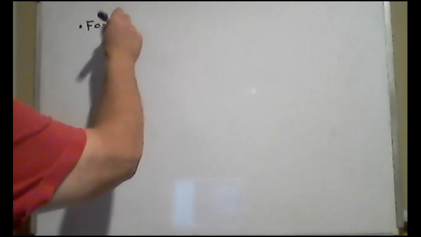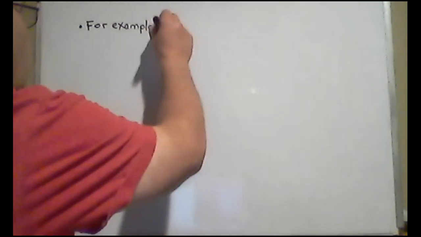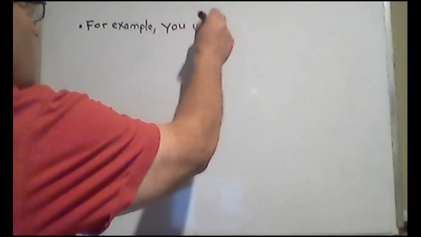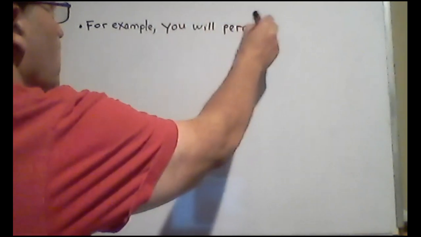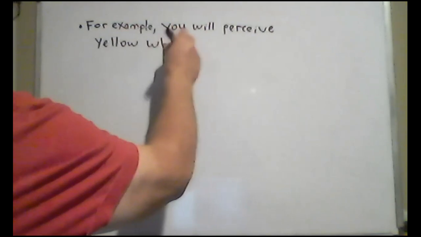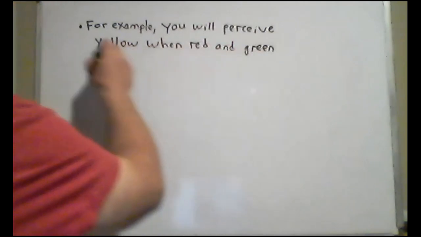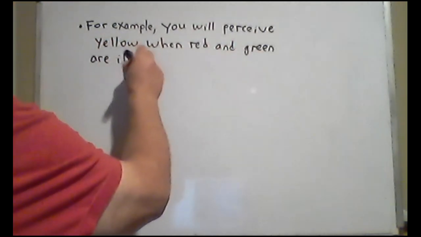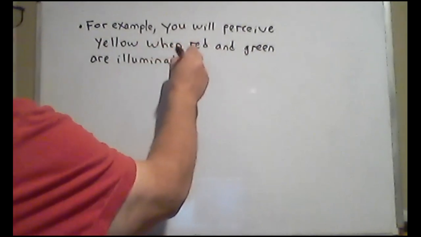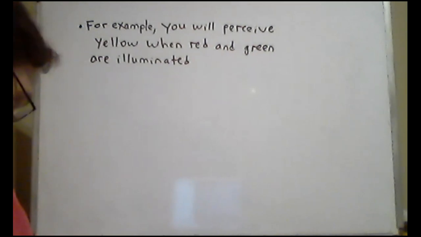So for example, you will perceive yellow when red and green are illuminated with the correct ratio of intensities.